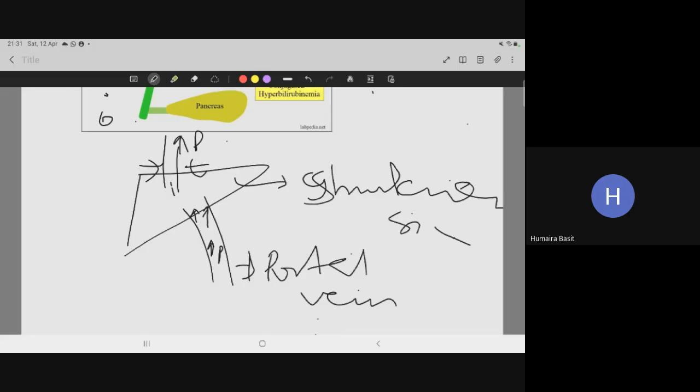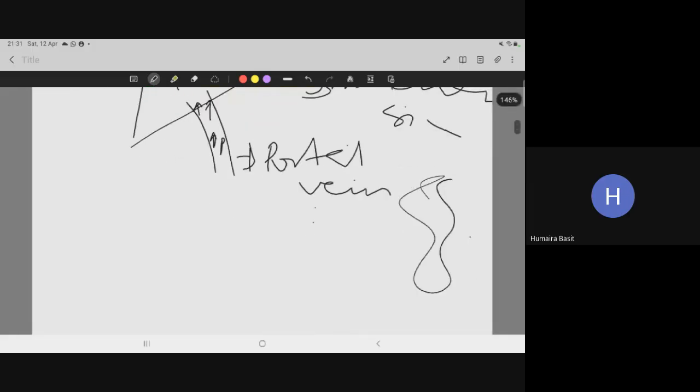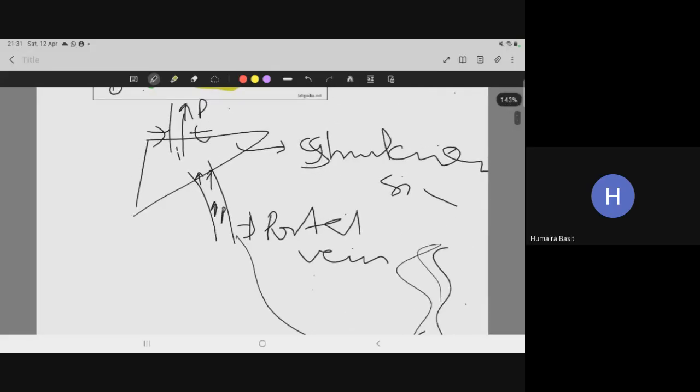So from your gut, the venous blood goes to the liver via the portal venous system, where a lot of toxins are metabolized, and then it is sent to the hepatic vein, and then drains into the IVC. They can ask you this question. They want you to understand this whole tract. There are a lot of questions on this. I hope it's very clear.